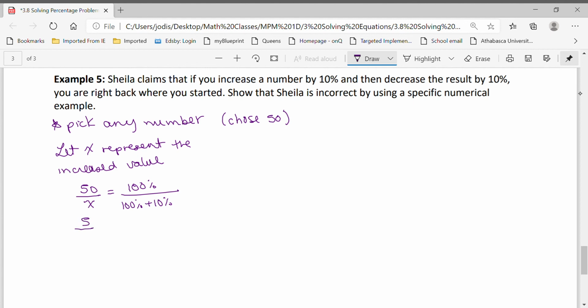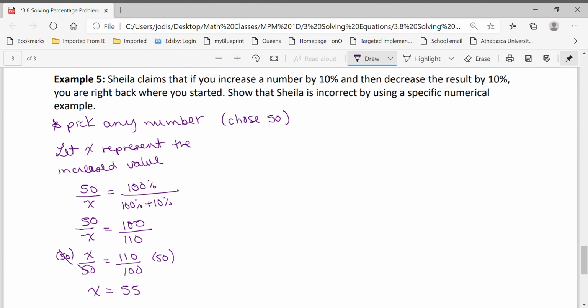So, 50 over X is 100 over 110. So again, we need to do reciprocal. Multiply both sides by 50. And X is 55. Okay, so if I increase 50 by 10%, I get 55.